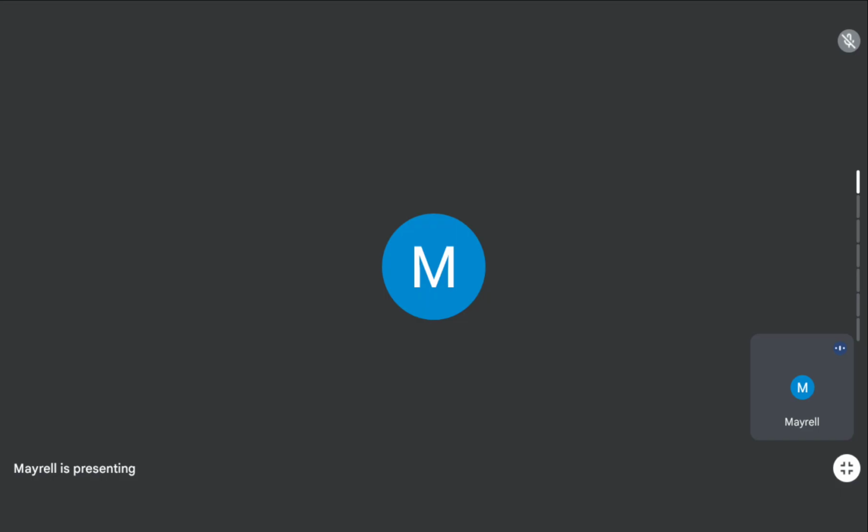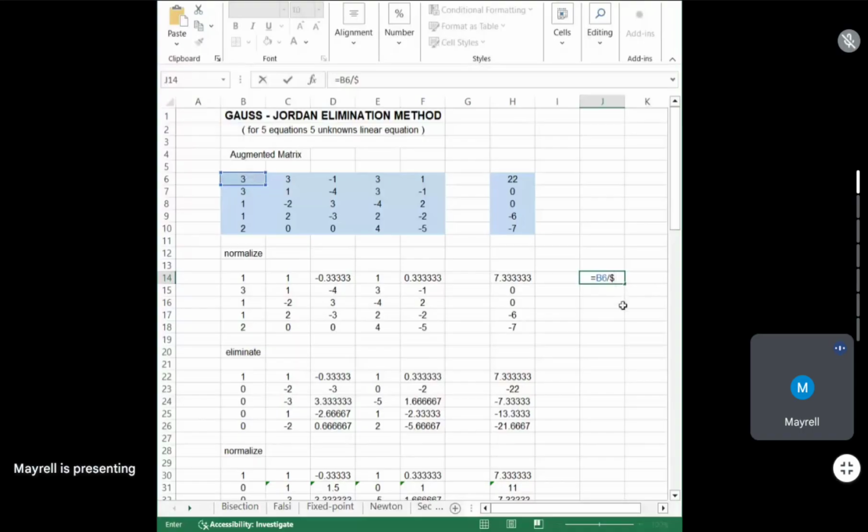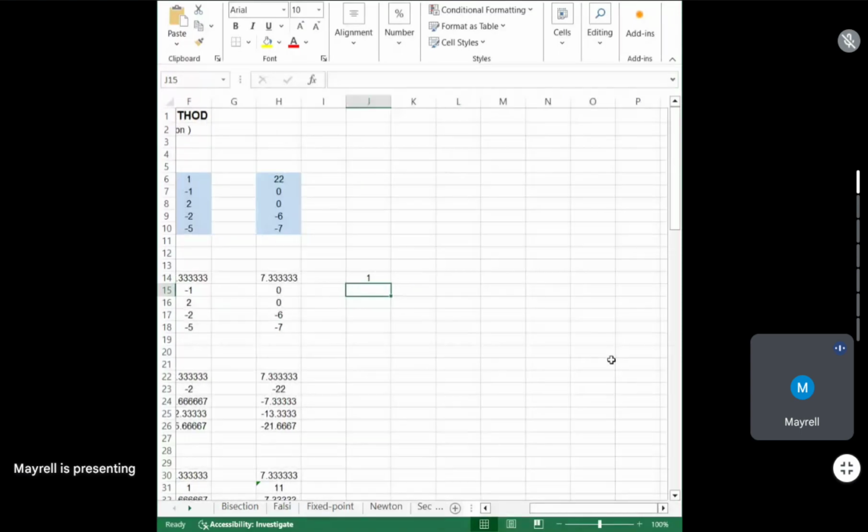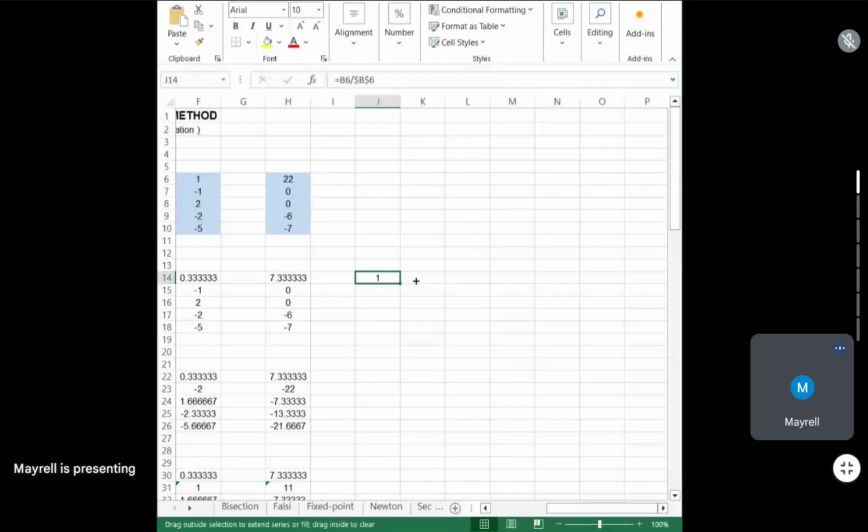Okay. So that's the first element. That's just 3 divided by 3. Then pwede rin na ako i-drag for the other elements. So, 5 man is sila. 2, 3, 4, 5, and including the constants. So, they are all divided by the first element.